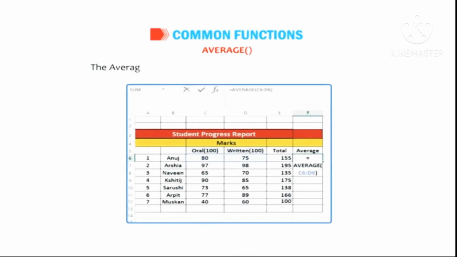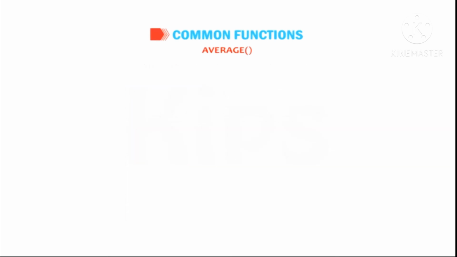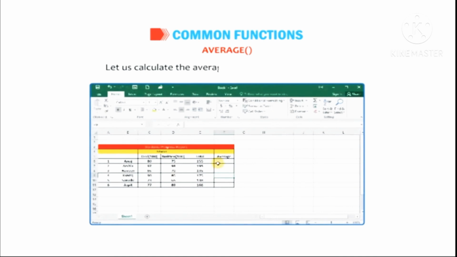Average. The AVERAGE function returns the average of the range values. The arguments can be a range of cells, simply numbers, or numbers along with cell references. Using the worksheet shown in the figure, let us calculate the average of marks obtained by Anuj.